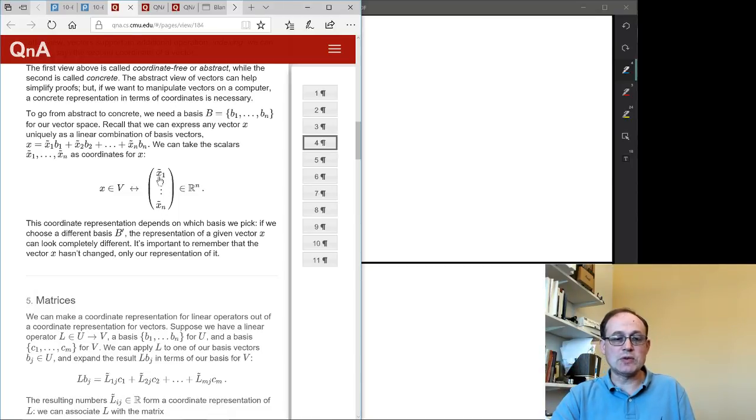This coordinate representation would completely change, potentially. But it would not change x at all, right? And so given a basis, we can make a correspondence between V and Rn, but that correspondence depends on which basis we pick.